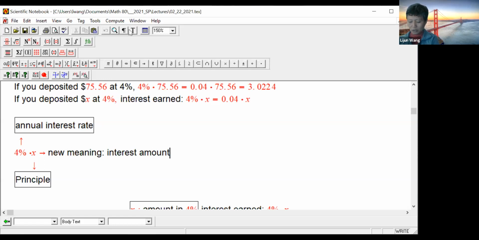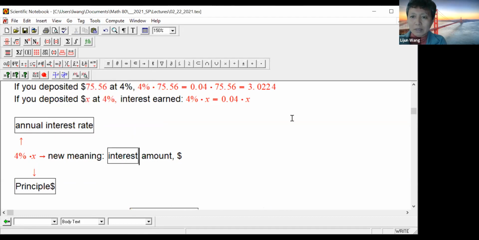It has a dollar sign attached to it. The principal also has a dollar sign attached to it. The annual interest rate does not have a dollar sign attached to it. You guys follow me? Annual interest rate, principal. When you multiply these two numbers, it has a new meaning. It's called interest, interest for short.